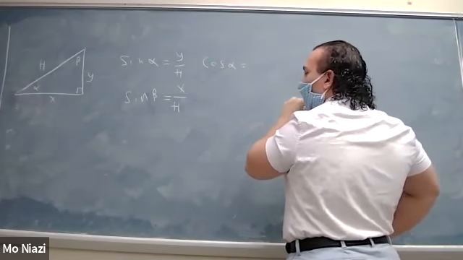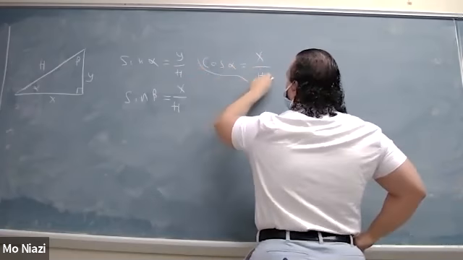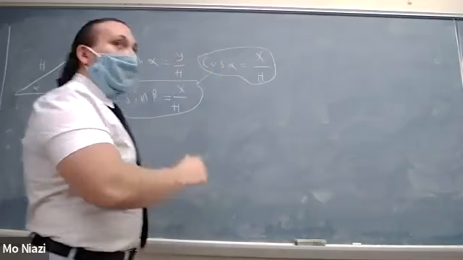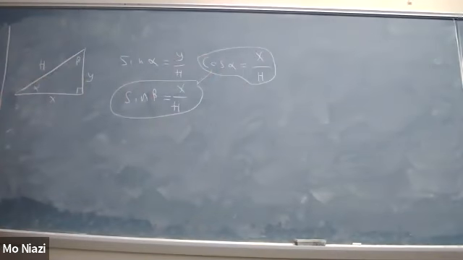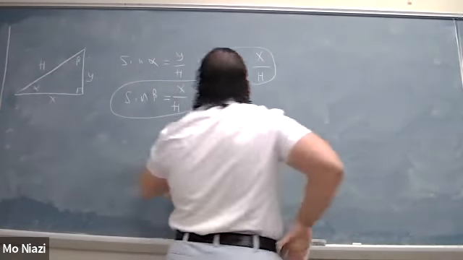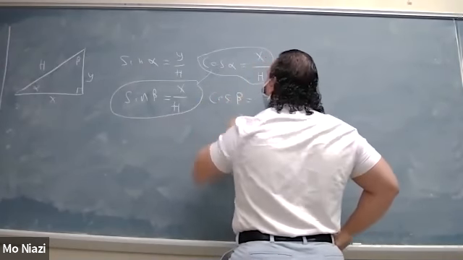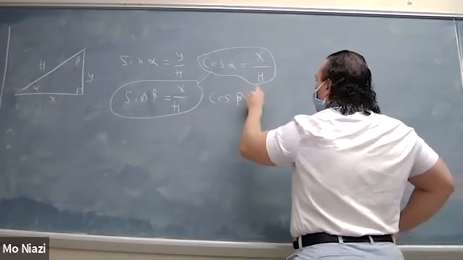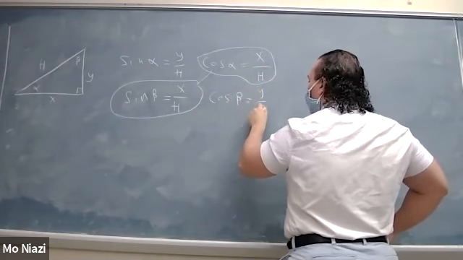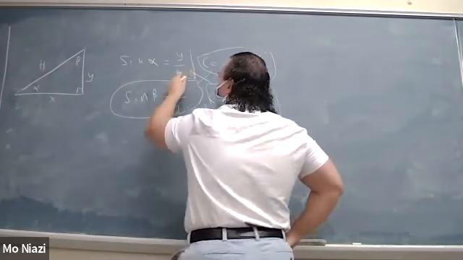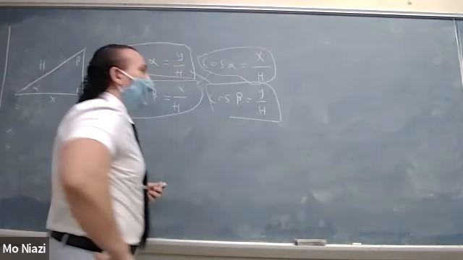Very good. More on this later. What's the cosine of beta? Y over h. More on this later.